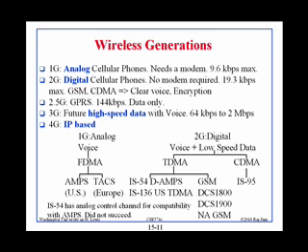Now 2G is all digital. Because it is digital, we could do some data, although the data is not as high speed as what we would call high speed data today. So we call it low speed data, and it also switched from FDMA to TDMA and CDMA. TDMA is time division multiple access, and CDMA is code division multiple access.